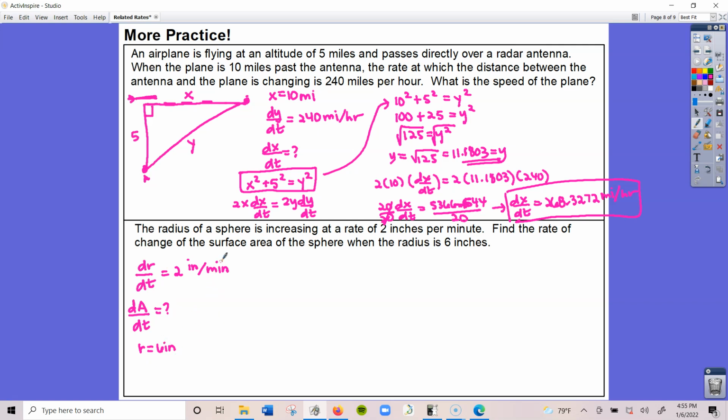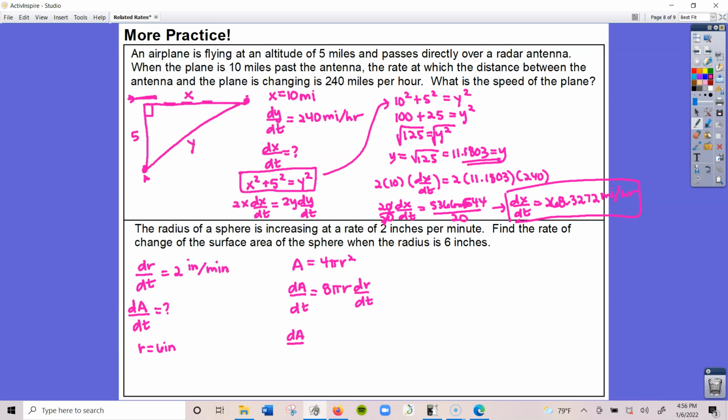Okay, so we have this information. If I'm looking for dA/dt, that means that I need the surface area of a sphere, and that equation is 4 pi r squared. I'm going to go ahead and take that derivative. So dA/dt is going to equal 8 pi r dr/dt. I have the radius, I have the dr/dt, I can plug this in.